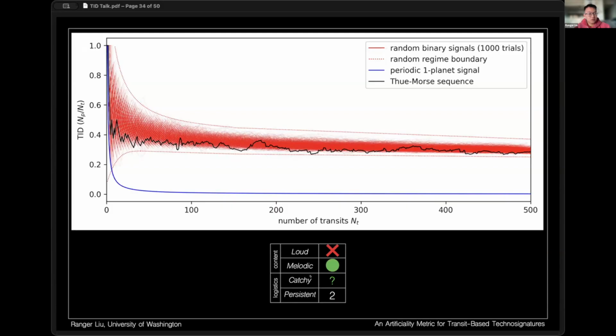So here's the scorecard where we can see that it is melodic and pretty persistent, and we'll give it a tentative maybe for catchiness. So musically, we can consider this as being equivalent to somebody who is very quietly playing a tune, but maybe a tune that is not as well known, maybe a more niche tune.